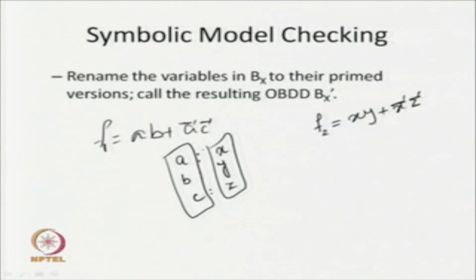If x equals 1, a equals 1, b equals 1 and c equals 1, whatever functional value we get for f1, with x, y and z equal to 1, we get the same evaluation for f2. For all combinations, we get the same evaluation. That is why f1 and f2 are equivalent, representing the same function. They have no difference; we are only renaming the variables a, b, c to x, y, z.